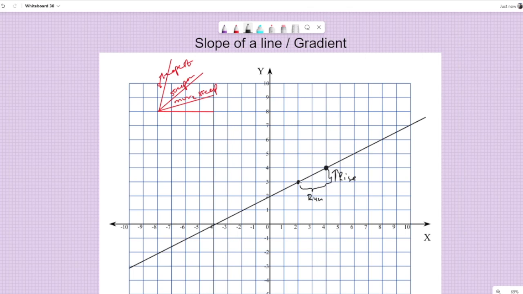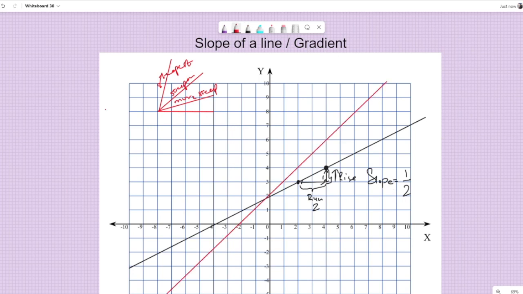The horizontal distance is the run, which here is 2, and the vertical distance is the rise, which is 1. So the slope of this line is 1 over 2. Okay, let's see another line.